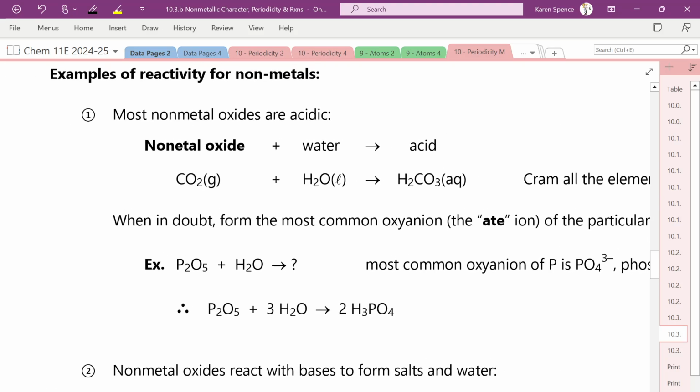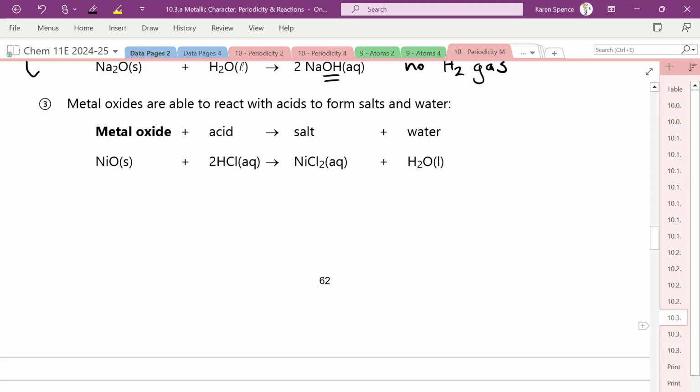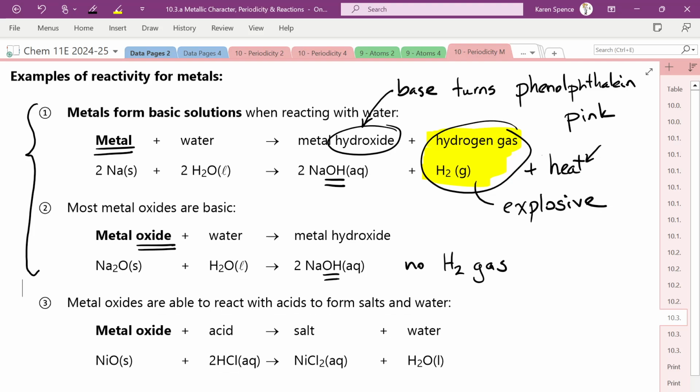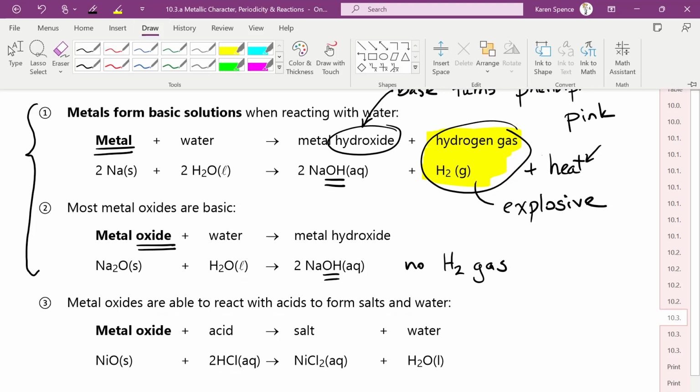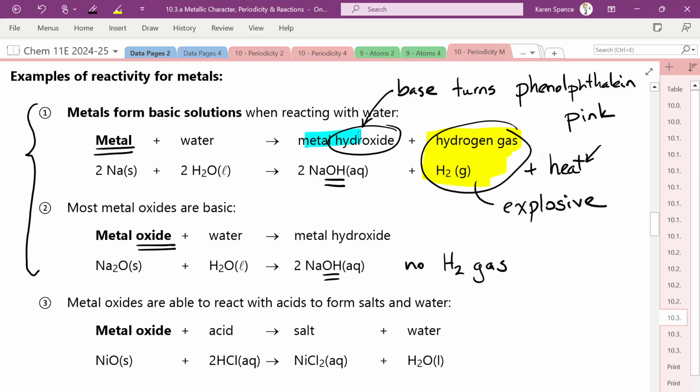Non-metal oxides. Do you remember what metal oxides did? Metal oxides reacted with water to make what type of solution? Base.